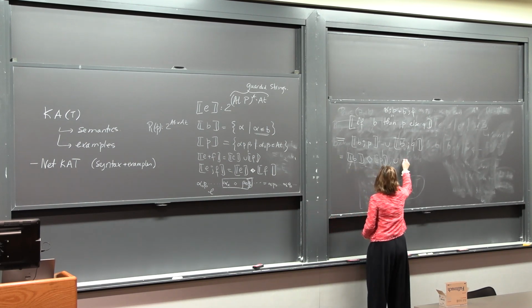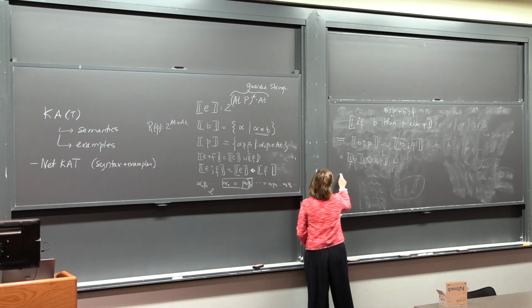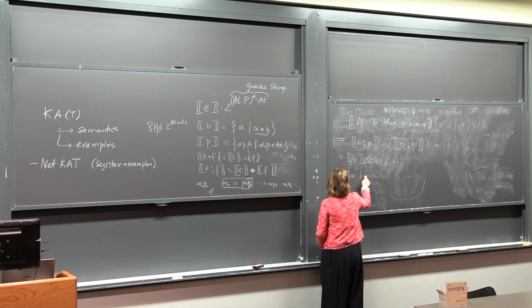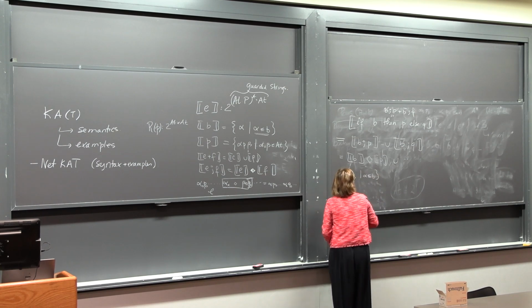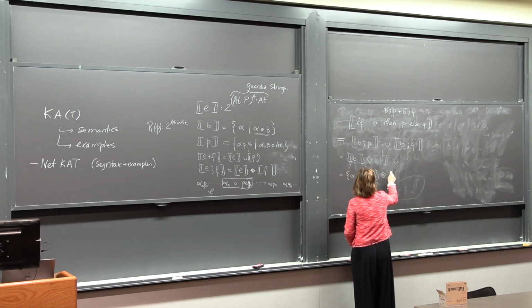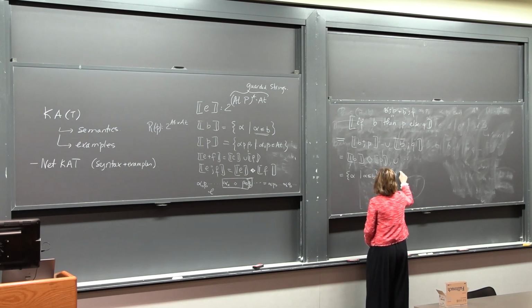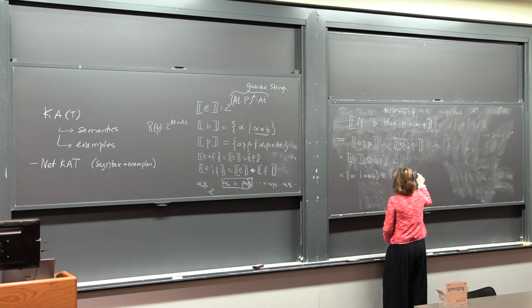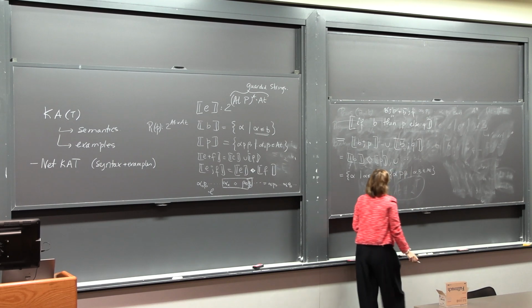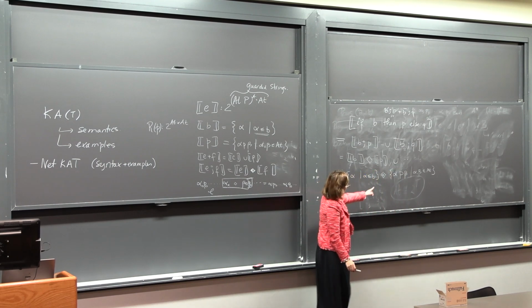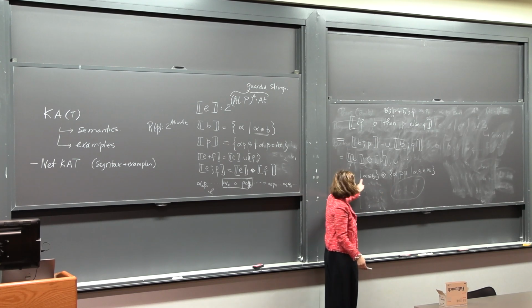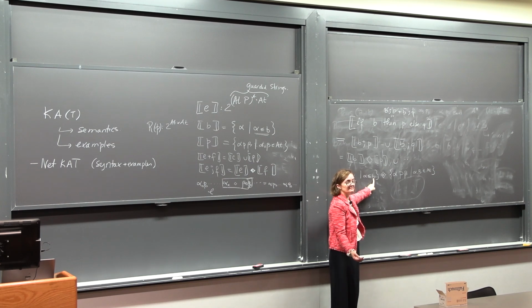Union, and I'm going to leave this for a second. What is the semantics of B? The semantics of B are all atoms that imply B, and I'm concatenating that with a set that says I can do anything around P. So what does this diamond do? Whenever I'm taking the first branch of my if then else, I had better be in a state in which B is true.